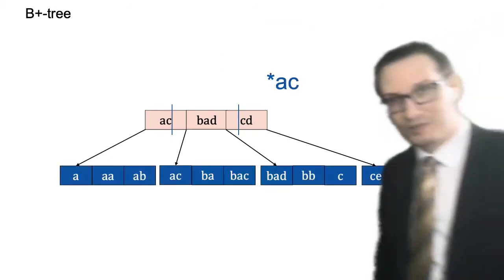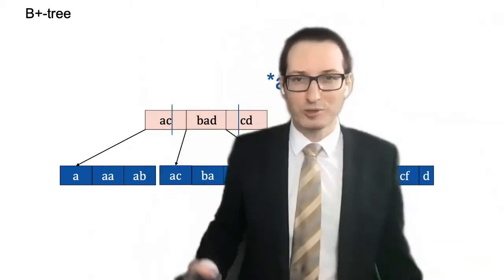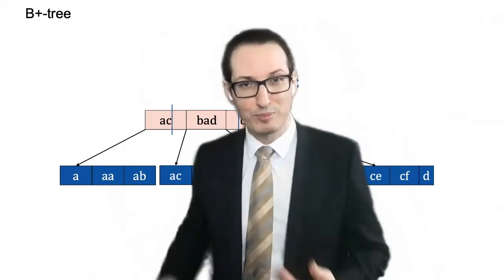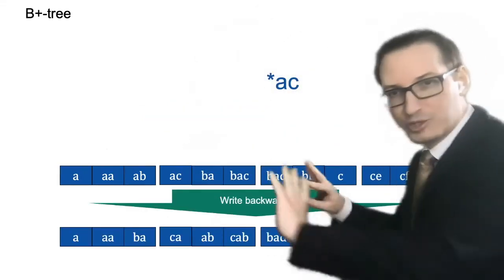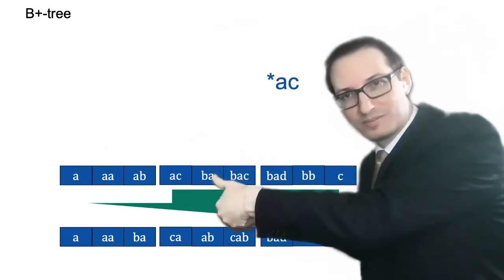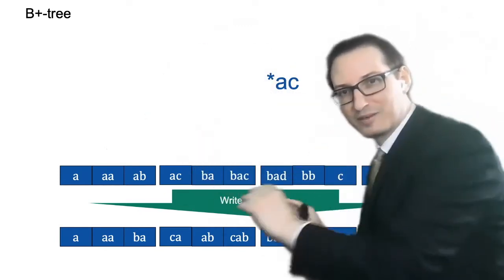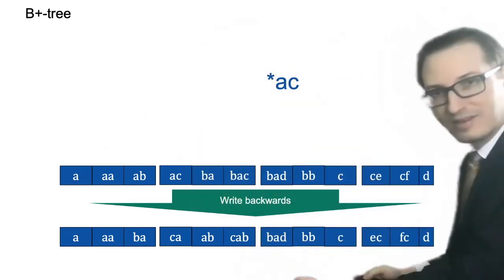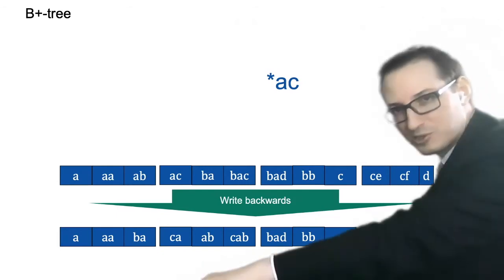Now, how do we solve then star AC? Well, the first thing you notice is we cannot just use our B plus tree the way it is, because that's totally useless. But we could build another B plus tree by just writing everything backwards, right? We just swap left, right. So we write everything backwards, and then we sort, of course, it's no longer sorted now.